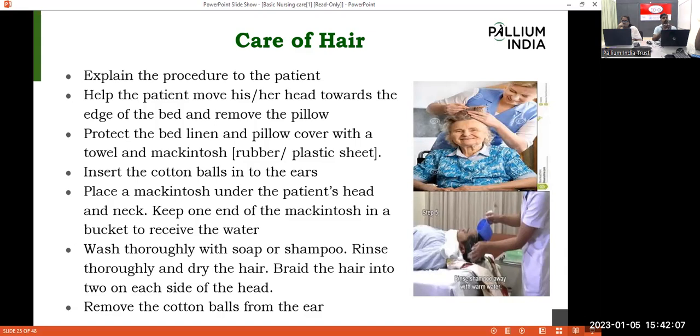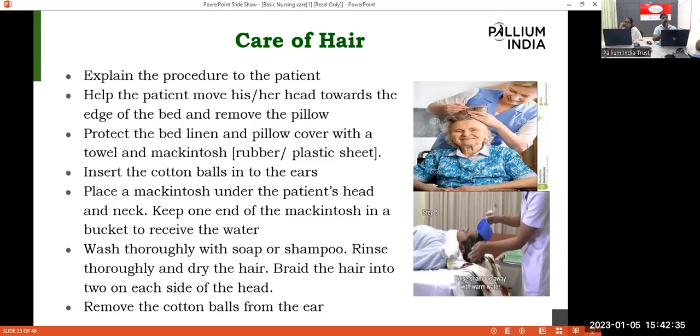Before hair washing, we need to insert cotton balls inside the ears. Then place a Macintosh under the patient's head and neck. Keep one end of the Macintosh in a bucket to receive the water. Waste water we need to receive in the collection bucket. Wash thoroughly with soap or shampoo, rinse thoroughly and dry the hair.